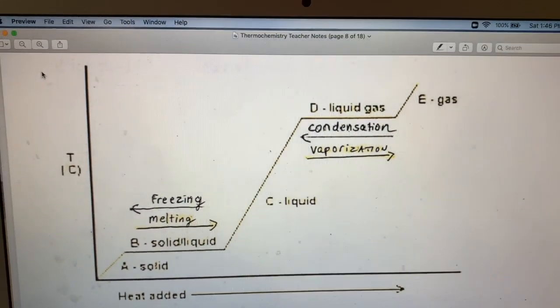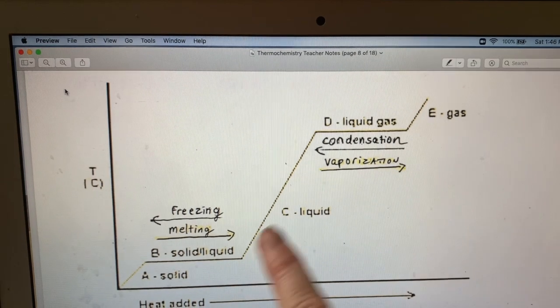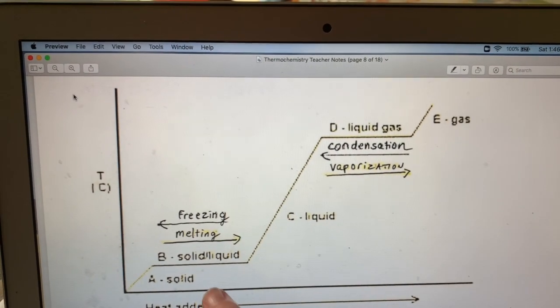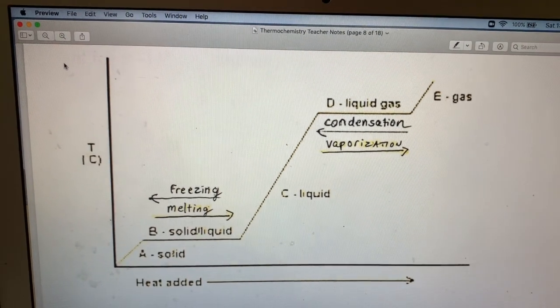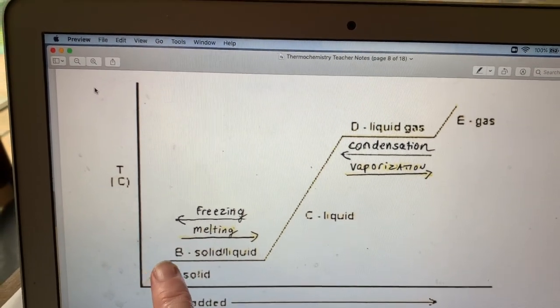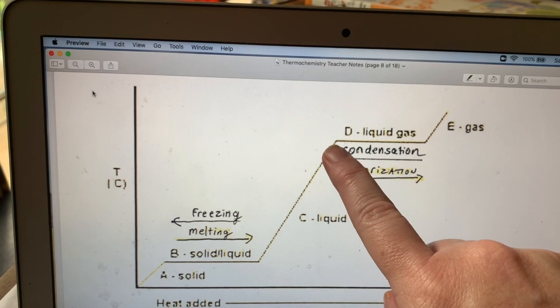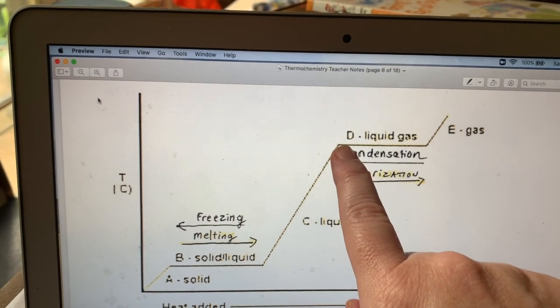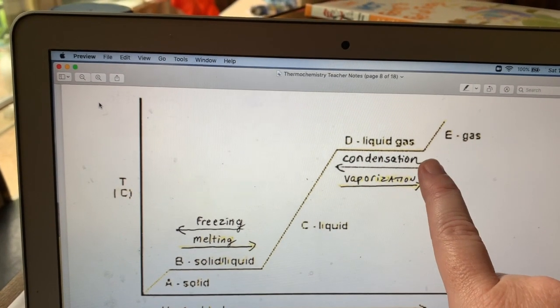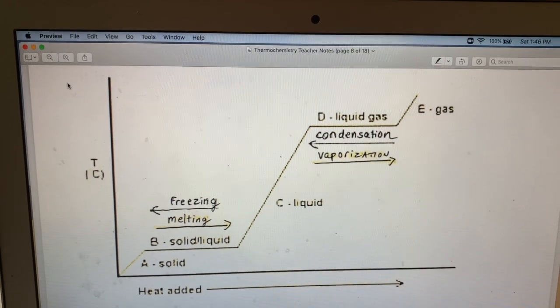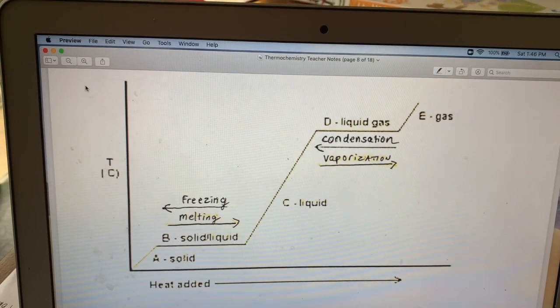Anytime you have a plateau on one of these graphs, it means that you have a change in state instead of a change in temperature. So that energy is going to change until it's all melted. I'm then going to raise that temperature again until up here, this is my boiling point, and this is going to be vaporization. And then certainly you can get gases to be above their boiling point temperature.